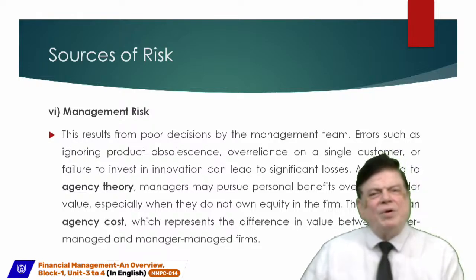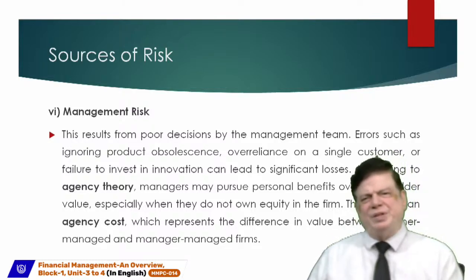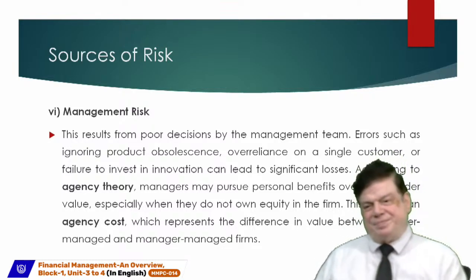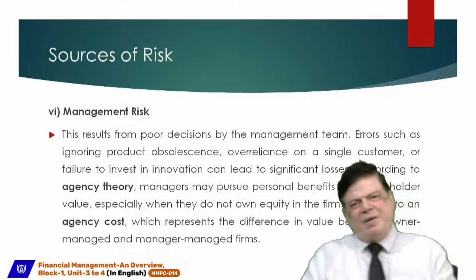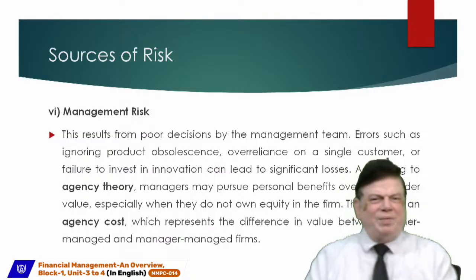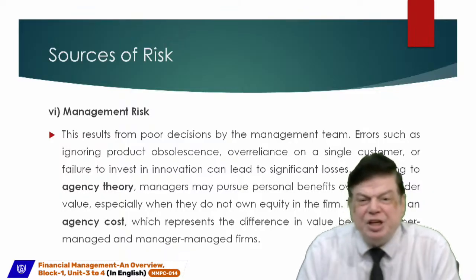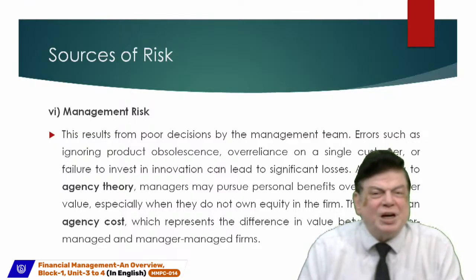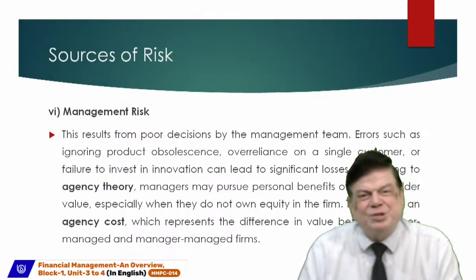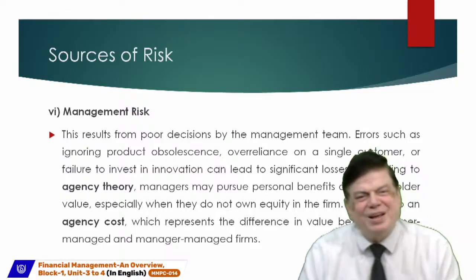Now we come to the next type of risk, management risk. Sometimes the top management in a company is not good, so the company doesn't earn much profit. The moment the top management is changed and new directors come, the company starts making profit. This means the working of the earlier management was not good.